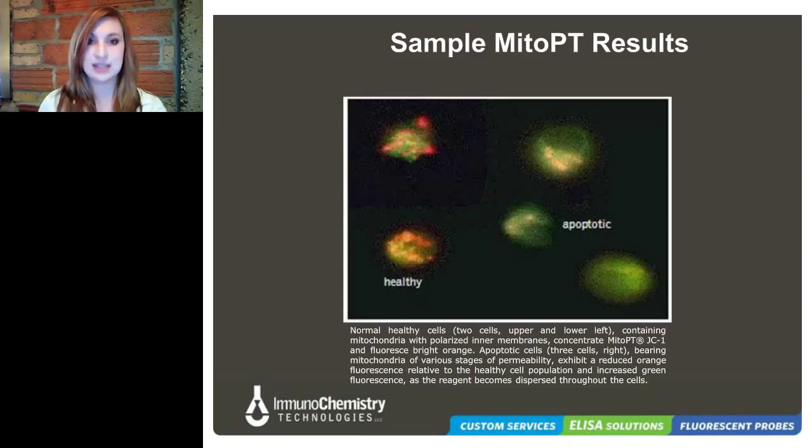So you can see the mitochondria there with the polarized inner membranes fluorescing red. On the right of this image, we see 3 cells that are apoptotic cells. And in contrast to the 2 cells on the left, here we can see that the mitochondria are at various stages of permeability so that they do exhibit reduced red fluorescence and increased green fluorescence as the MitoOPT JC-1 reagent disperses throughout the cell.